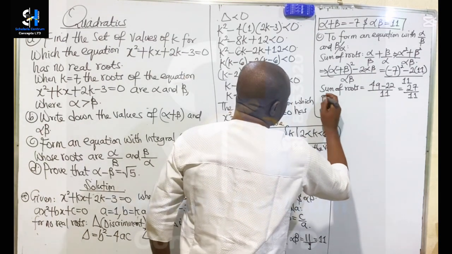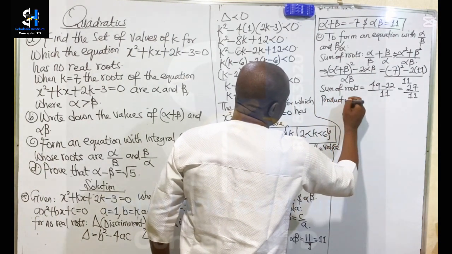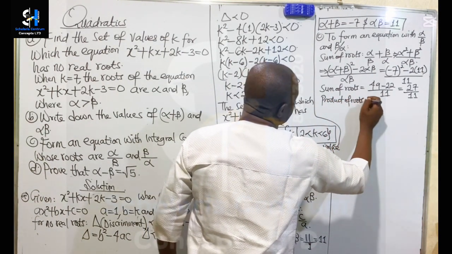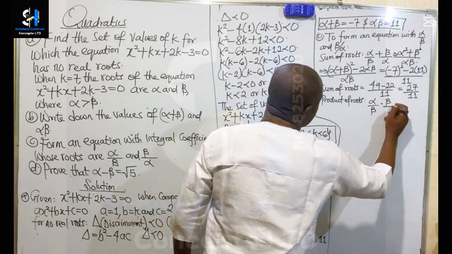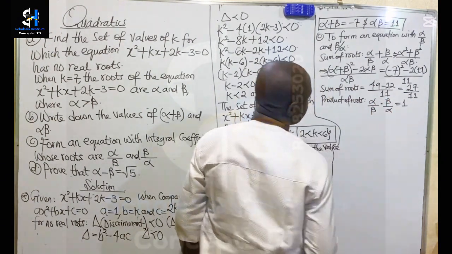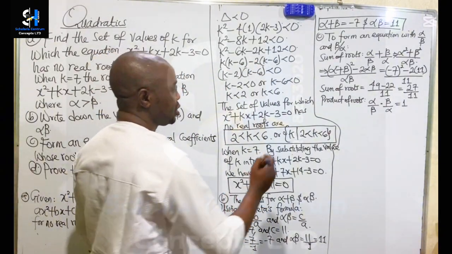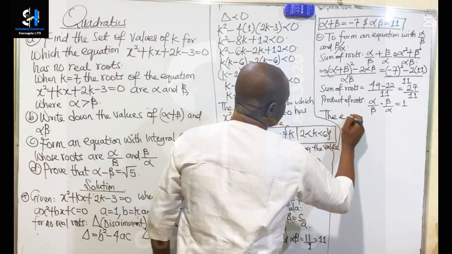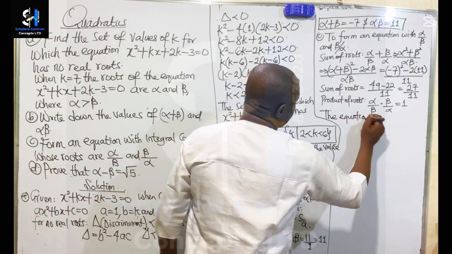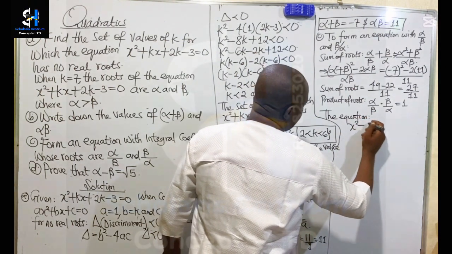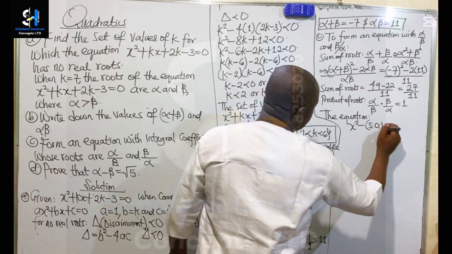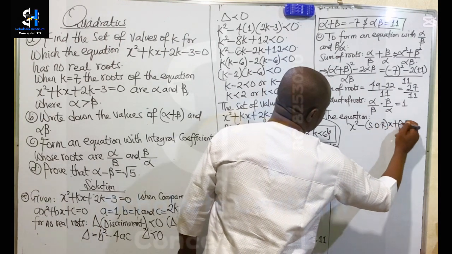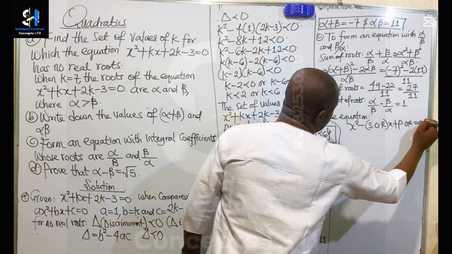Now the product of roots will be alpha over beta multiplied by beta over alpha, and this is 1. So to form a quadratic equation, it will be x squared minus the sum of roots times x plus the product of roots equals 0.